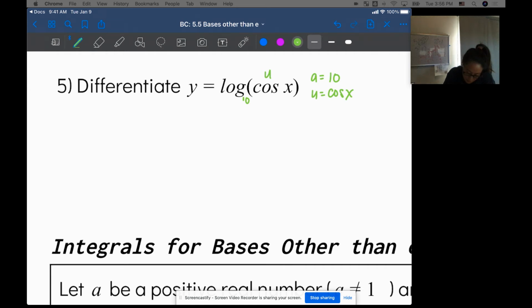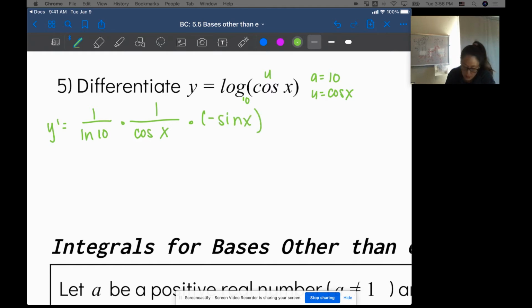So y prime is equal to 1 over the ln of the base, which is 10, times 1 over u, which is cosine of x, times the derivative of cosine x, which is negative sine x.